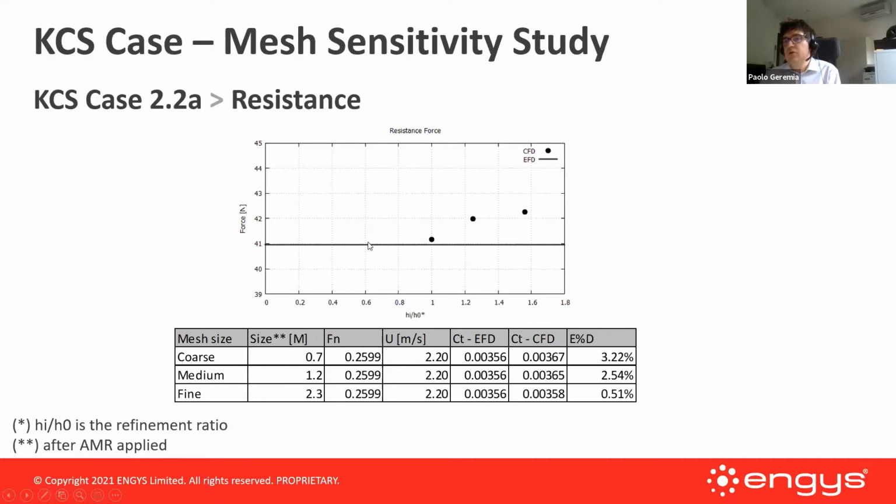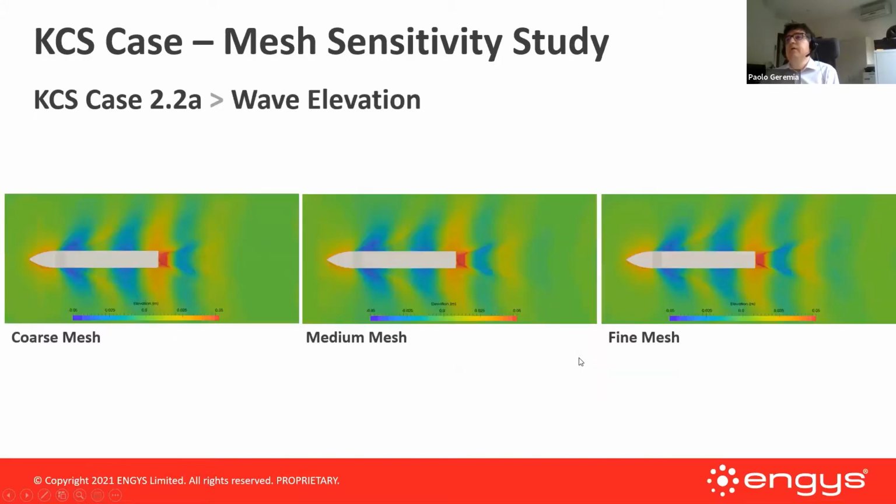You can see there is no monotonic convergence here, but the error reduces as the mesh gets finer and finer. So there is kind of a good sign here in terms of results and accuracy. Actually, we are within 3% for the coarse mesh case. Looking at the wave elevation, you can see from the coarse to the fine mesh, the results are more or less similar.